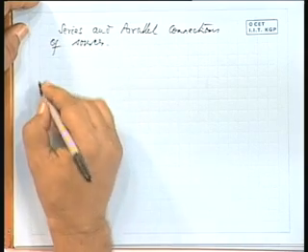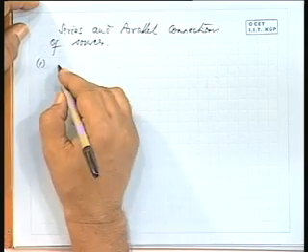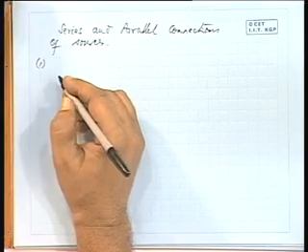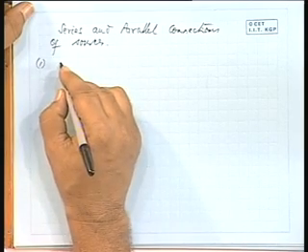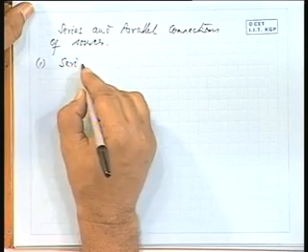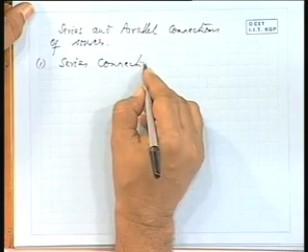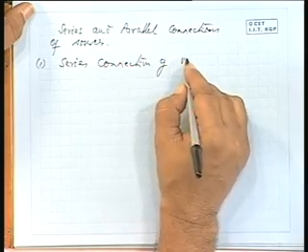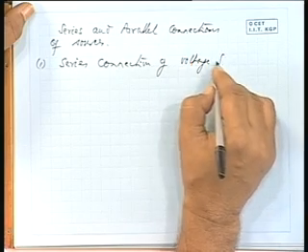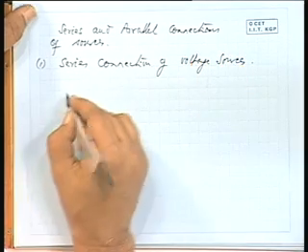Now, let us see when can you have series connection of sources like this, voltage sources. You can put them in series connection of voltage sources. What you will get?